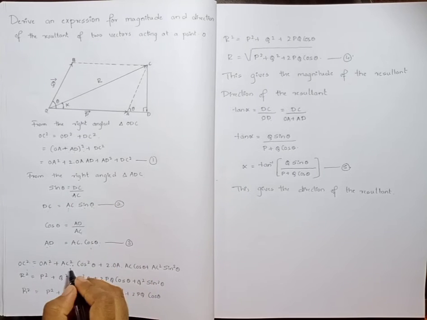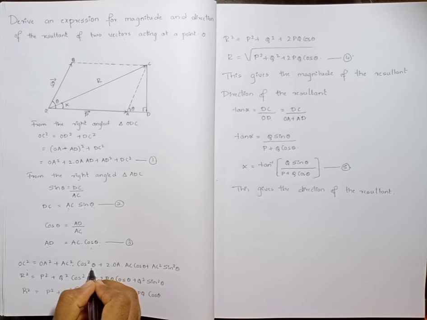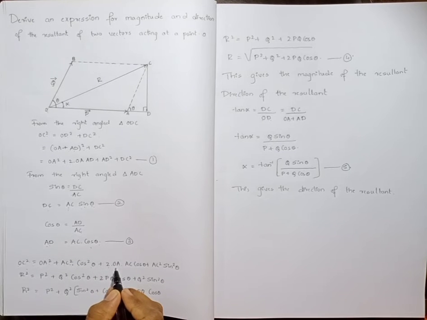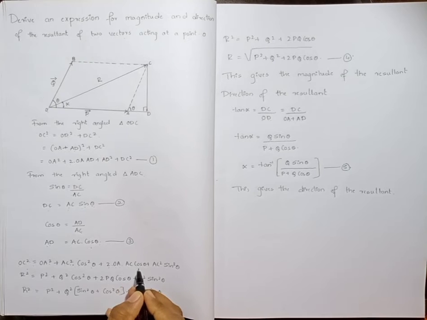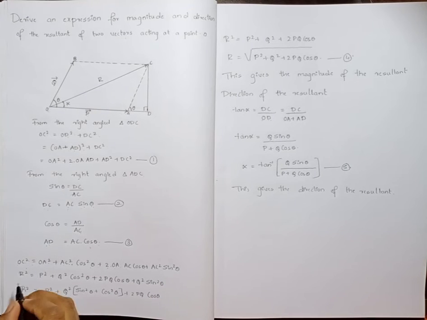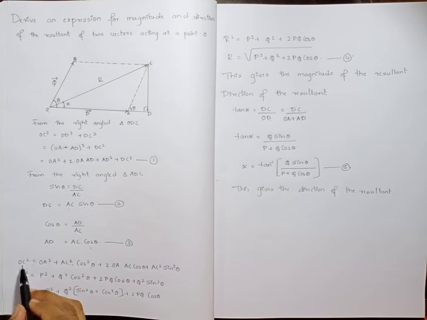Cos square theta plus 2 OA AC cos theta plus AC square sin square theta. Next, what is OC square?